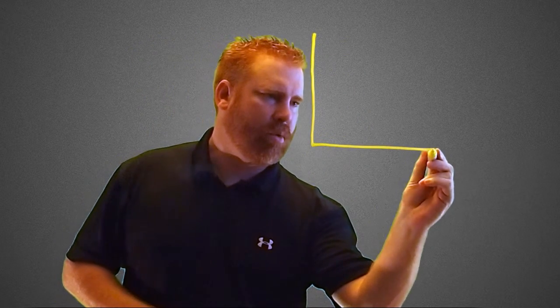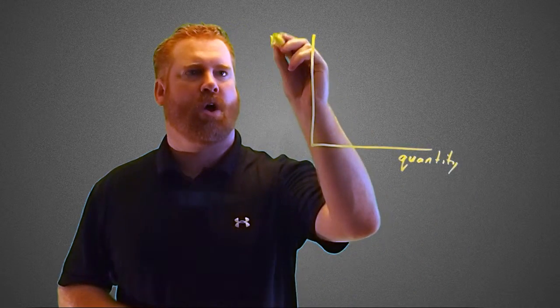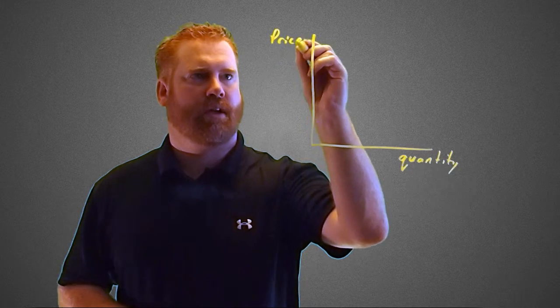So we've talked about the law of supply and the law of demand, but we still haven't talked about how prices are set. So let's try something. Let's try to graph a demand curve and a supply curve on the same graph, and let's see what happens. Once again, we're going to start off with the same set of axes: quantity on our horizontal axis and price on our vertical axis.